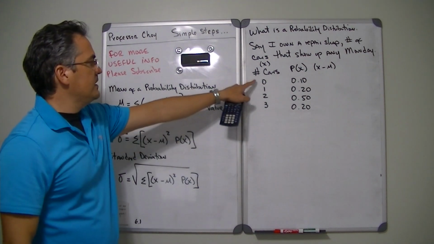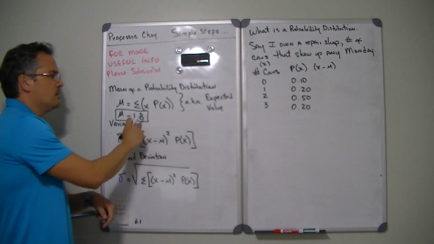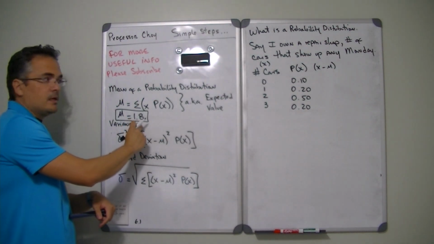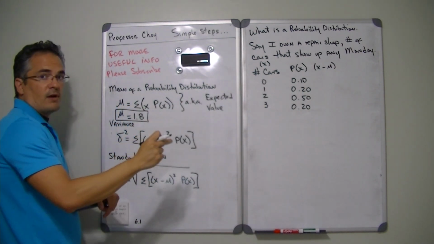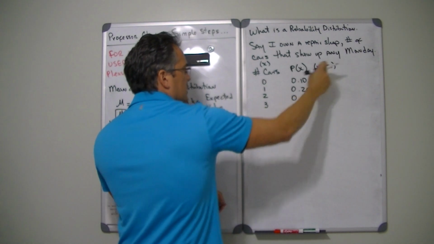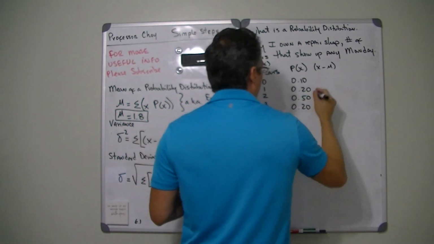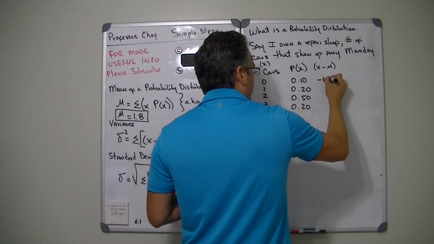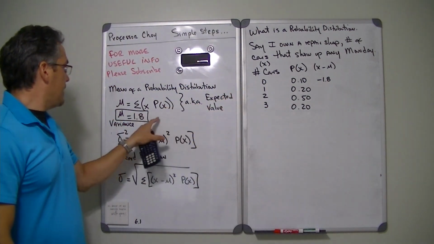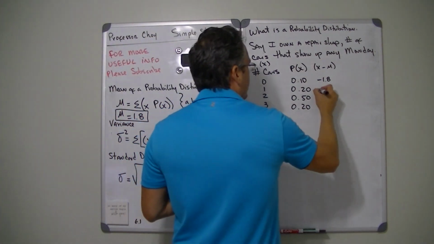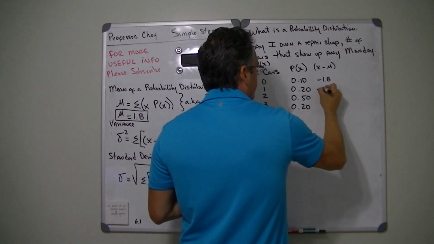Now x's are this and the mu is the 1.8 that we just calculated. So I'm going to do 0 minus 1.8 and I'm going to write it down. That's what x minus mu is. So I do 0 minus 1.8, that gives me negative 1.8. Then I'm going to do 1 minus 1.8, that's going to give me negative 0.8.